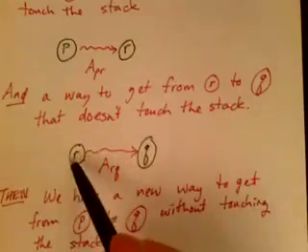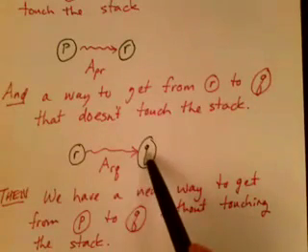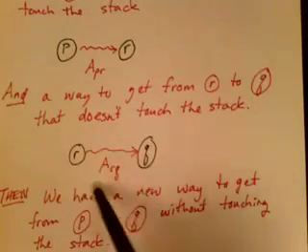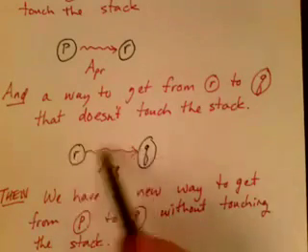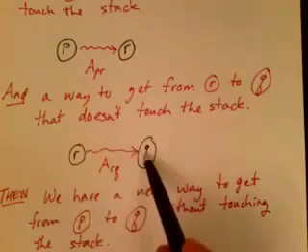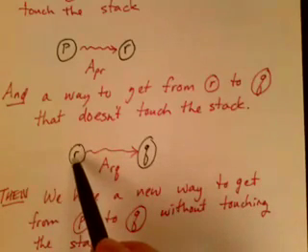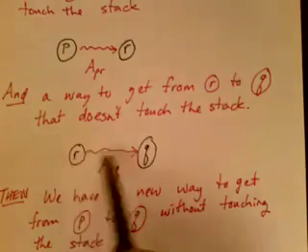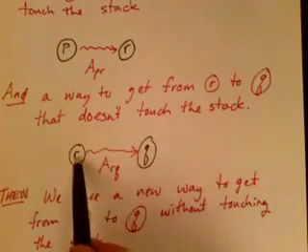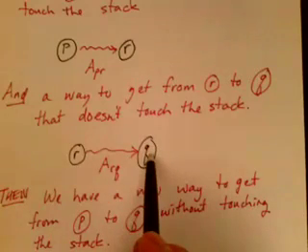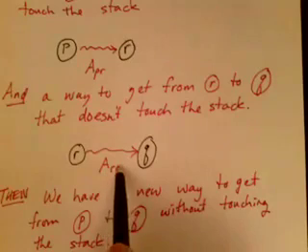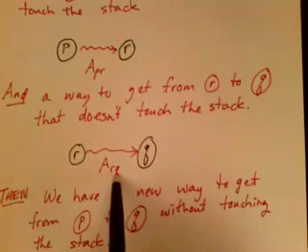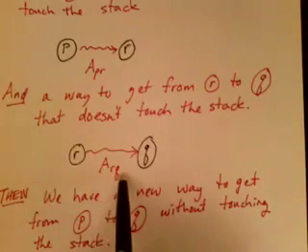And if we've got a way to get from R to Q without touching the stack, well, some strings will take us from R to Q without going negative in the stack. In other words, some strings will take our PDA from state R to state Q on an empty stack and leaving it with an empty stack. And those strings, the exact same set of strings, is generated by the non-terminal A, R, Q.